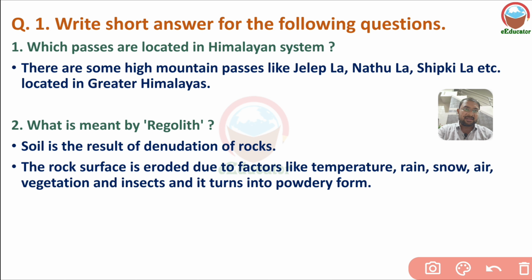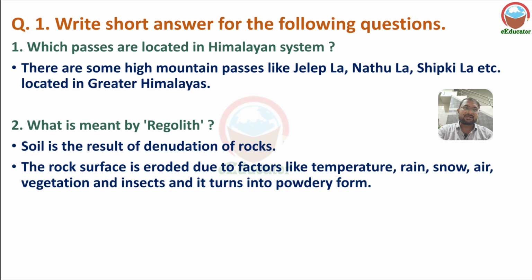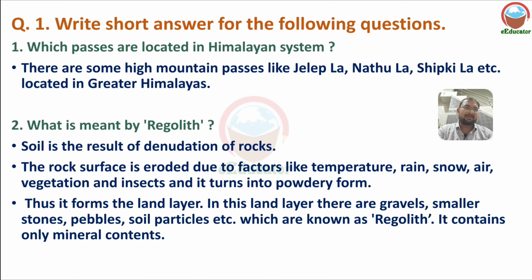Because of this reason, the rock is eroded. The rock develops cracks, breaks into small particles, and again into smaller particles, into powdery form. Thus the land layer is formed slowly.